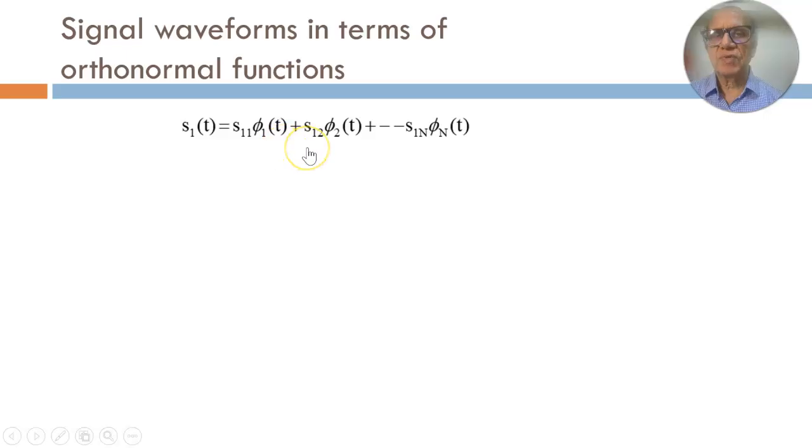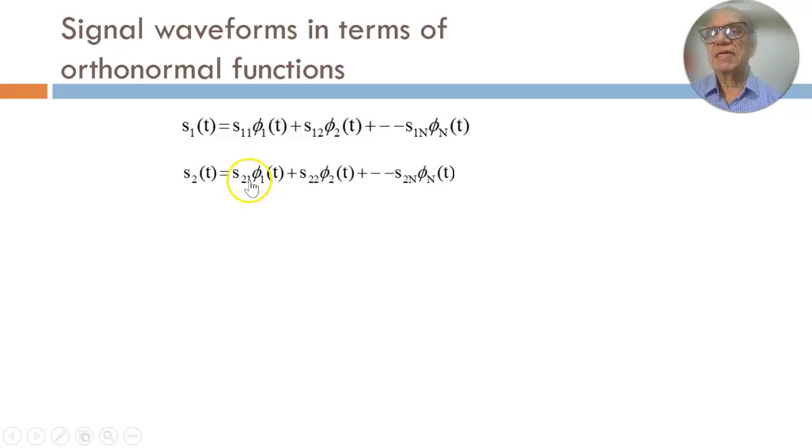How to select these, we'll comment on that a little later. But right now let us assume that these orthonormal functions are given to us, they are known, and these coefficients are known. If the coefficients and the orthonormal functions are known, then S1(t) is generated simply by adding these terms.